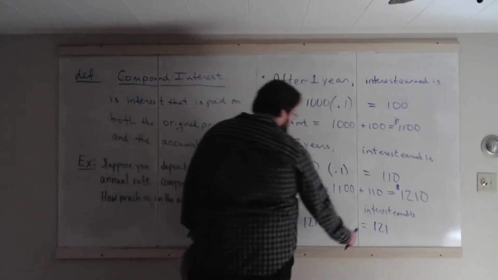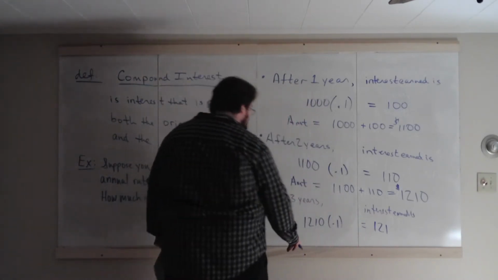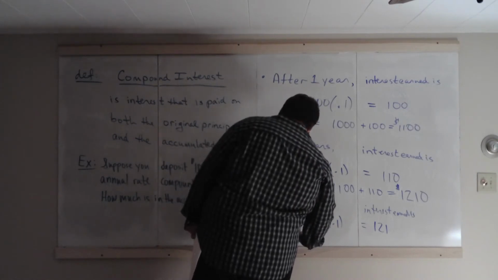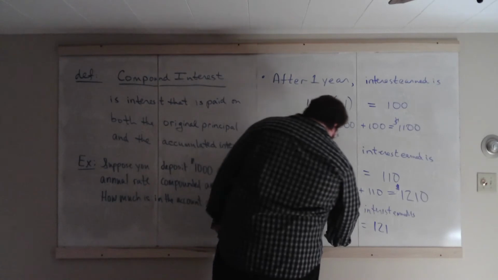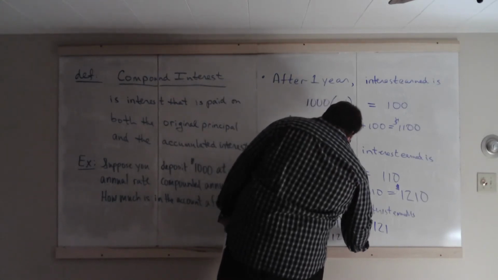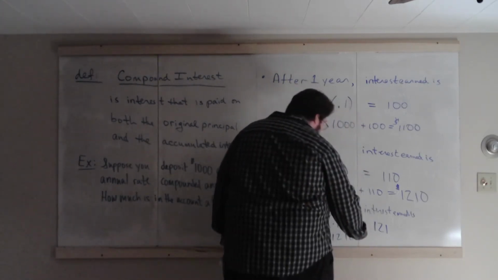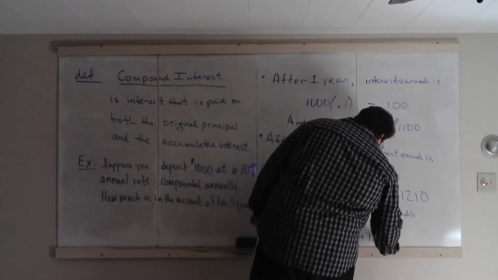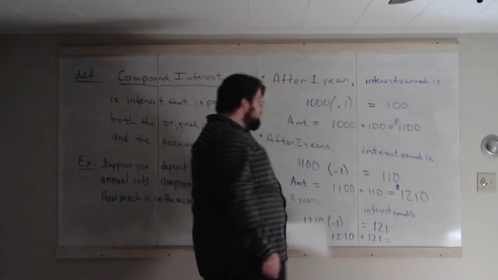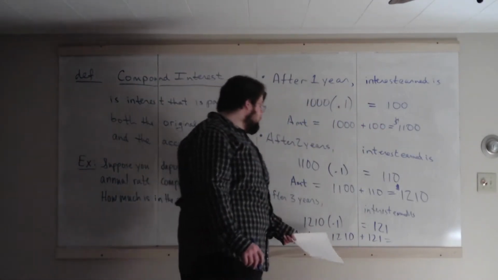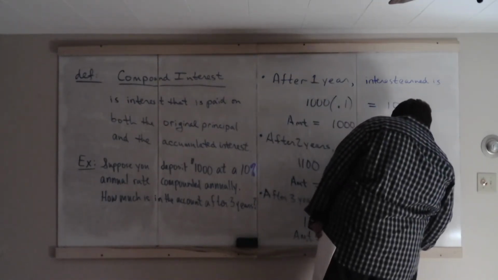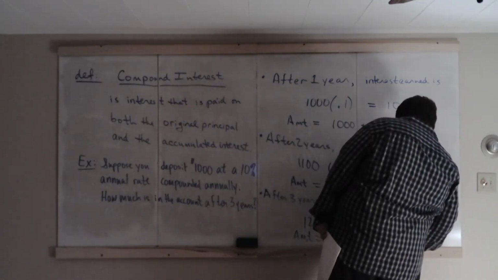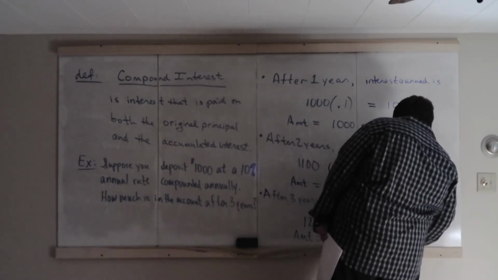So the interest earned in year 3 is 121. So the amount in the account is, where are we? We started with 1,210. We want to add the interest. 1,210 we start with plus the interest 121 gives us, what does it give us? It gives us 1,331, and our units are dollars.